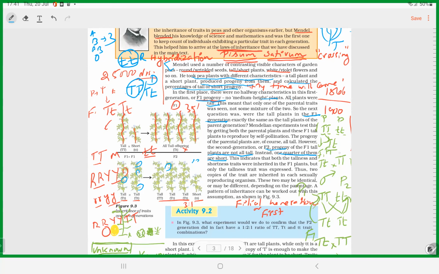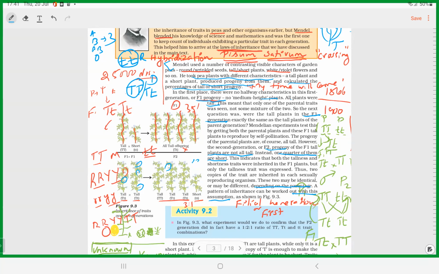Means 3 tall and 1 short. Depending upon the percentage which he got, he assumed how the characters are inherited. Don't worry, so this is a general overview.